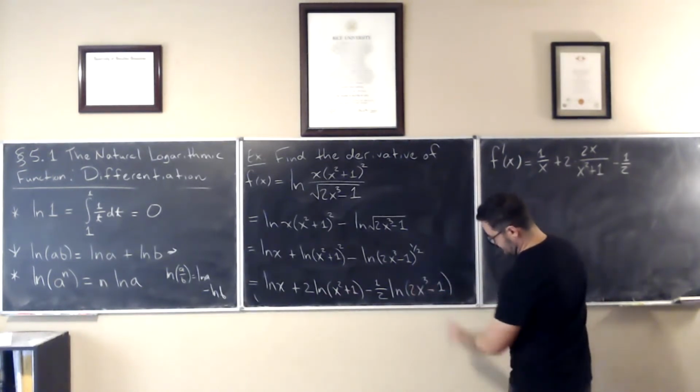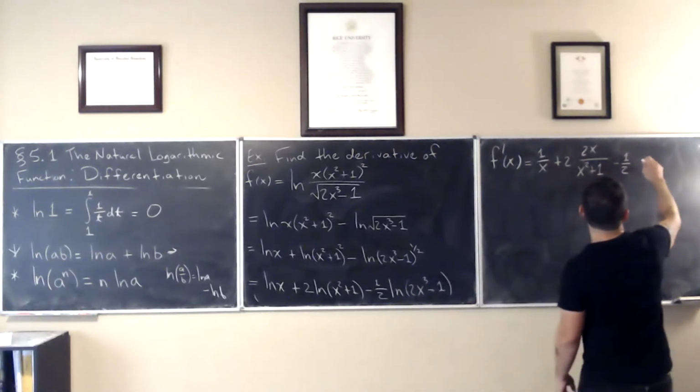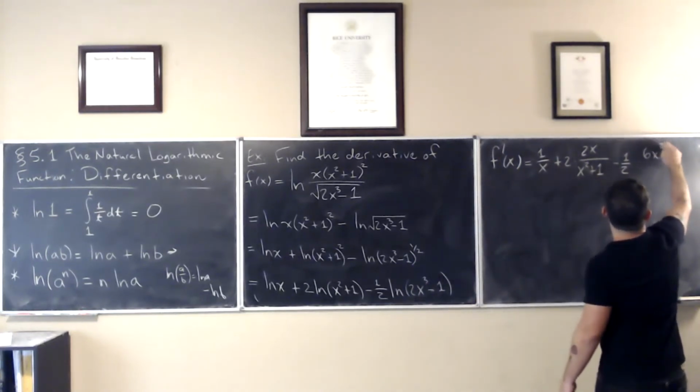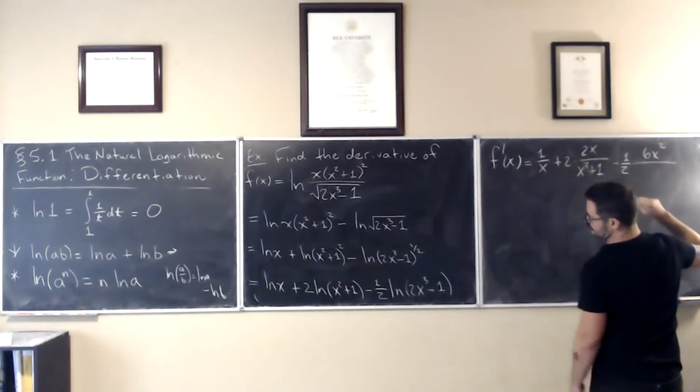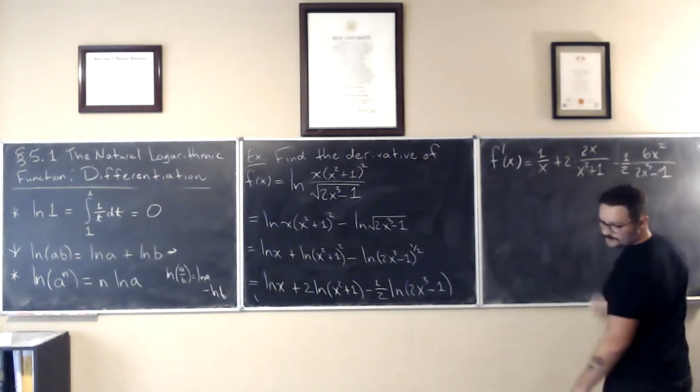So what is that going to be? 3 times the 2, so it'd be 6x squared all over 2x cubed minus 1. Hopefully you can read that.